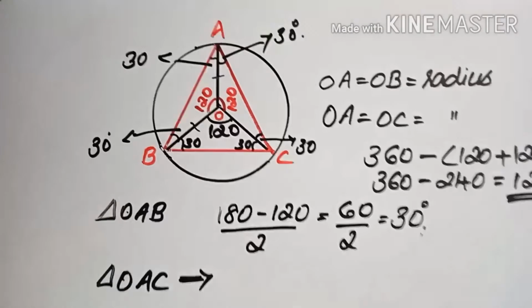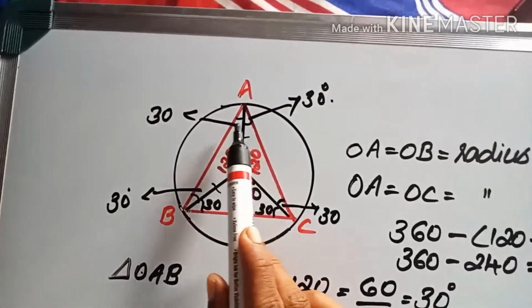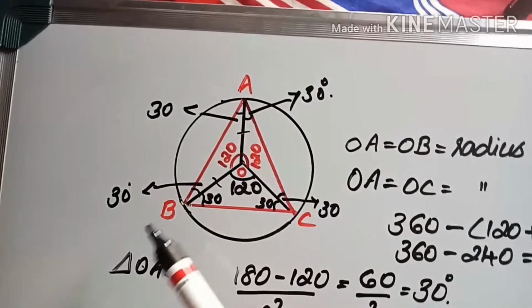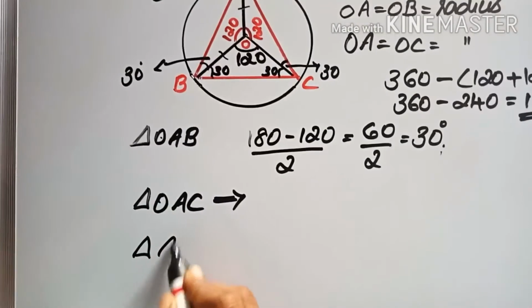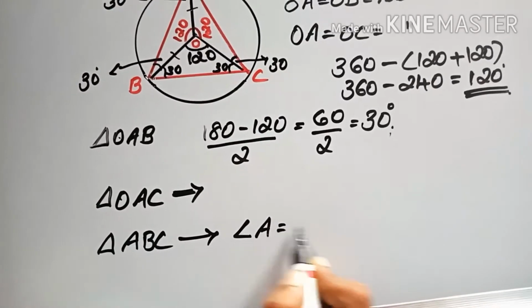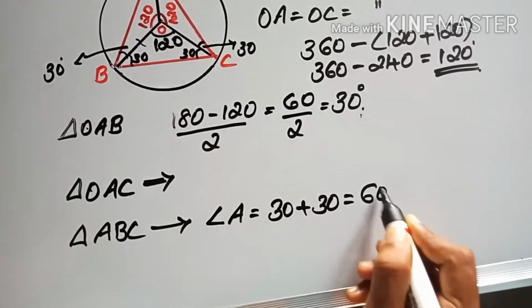Okay, now for the triangle ABC, angle A will be what? One portion 30 degree, next portion 30 degree. So total will be what? 30 plus 30. So triangle ABC, angle A equal to 30 plus 30, that is 60 degree.